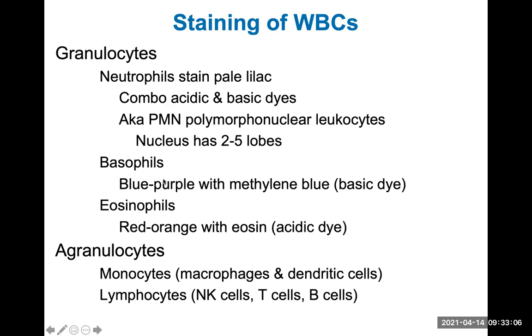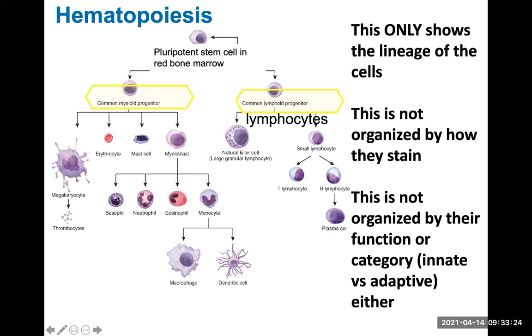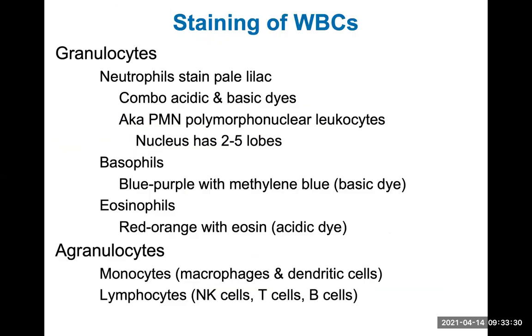Basophils, you'll use a methylene blue dye, which is a type of alkaline or basic dye. It's also a very simple dye, very common. It'll stain it purple blue or blue purple, and you'll see lots of large granules, as you see in this image here. And again, you can look in your textbook to see it up more closely.